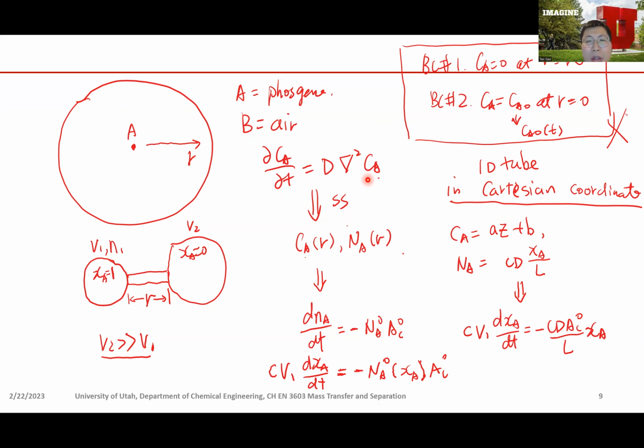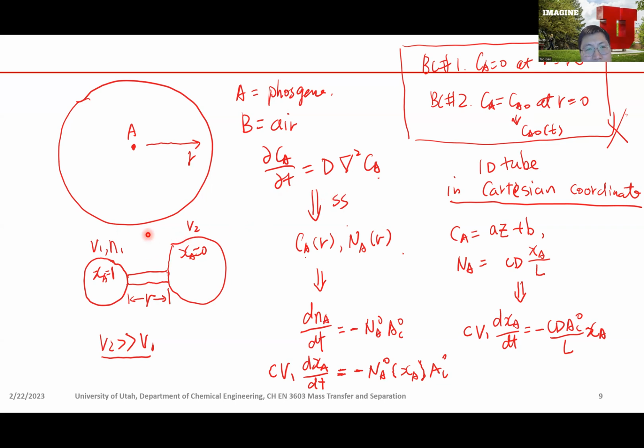Now, in order to solve this problem, we have to make a further assumption. If we make a steady state assumption, we don't care about any particular time, and the concentration profile is just not changing.